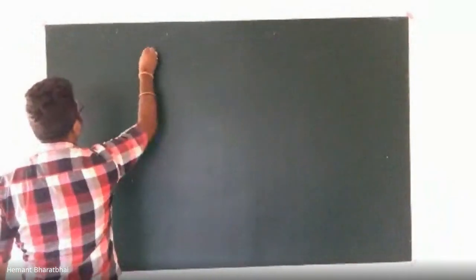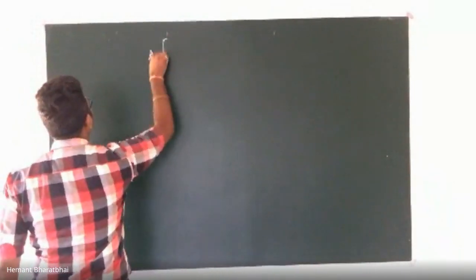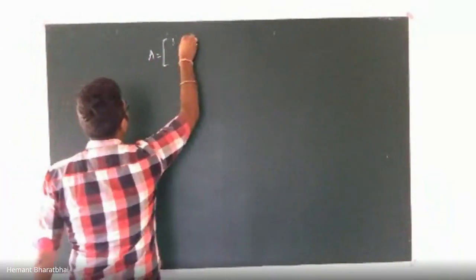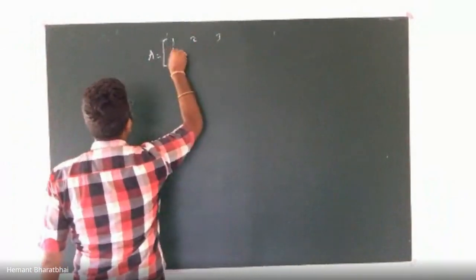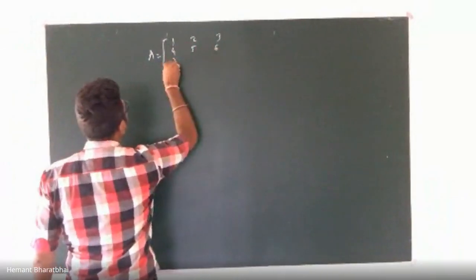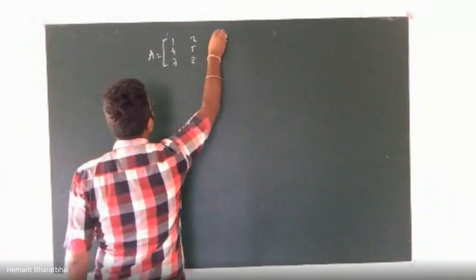So the next topic is determinant of a matrix. So I have a matrix A, say 1, 2, 3, 4, 5, 6, 7, 8, 9.